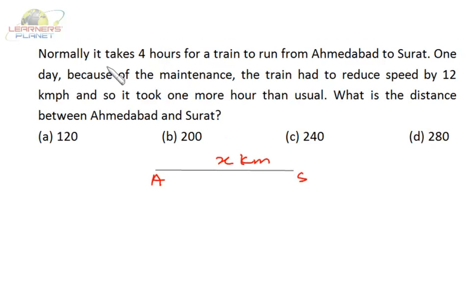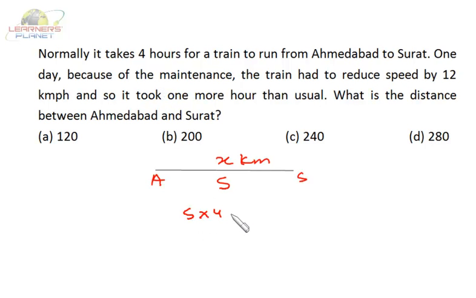Now let's see this question. Normally it takes 4 hours for a train to run from Ahmedabad to Surat. One day, because of maintenance, the train had to reduce the speed by 12 km per hour. So it took 1 more hour than usual. What is the distance between Ahmedabad and Surat? Friends, let's assume the distance between Ahmedabad and Surat is x kilometers and the speed of the train is s. With the speed s, it takes 4 hours, that is with the normal speed and normal time. So the distance covered is s into 4.